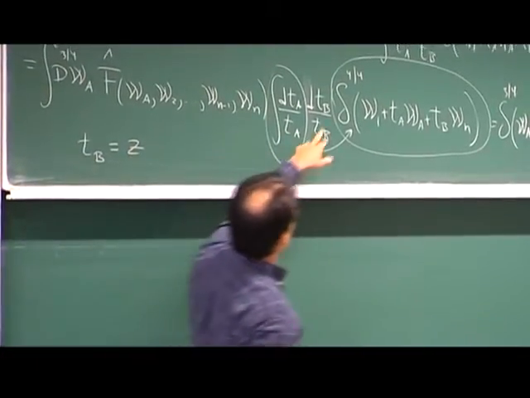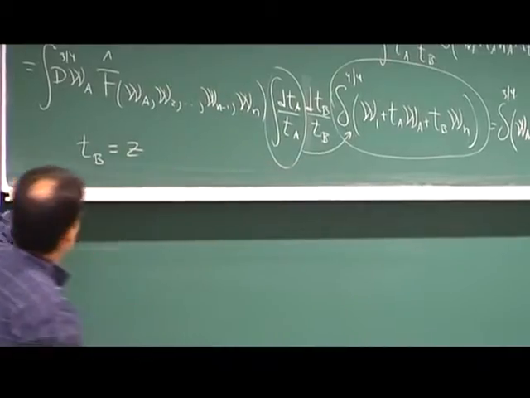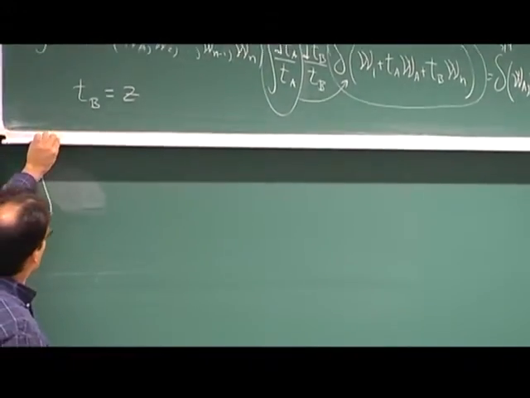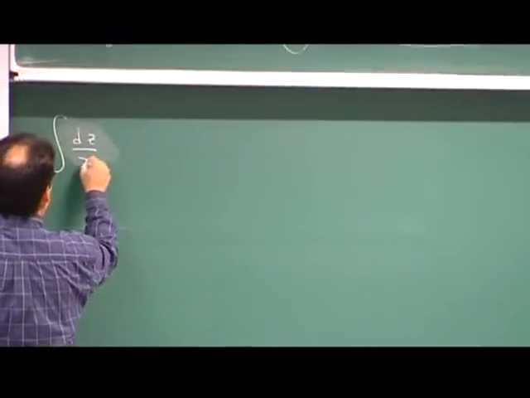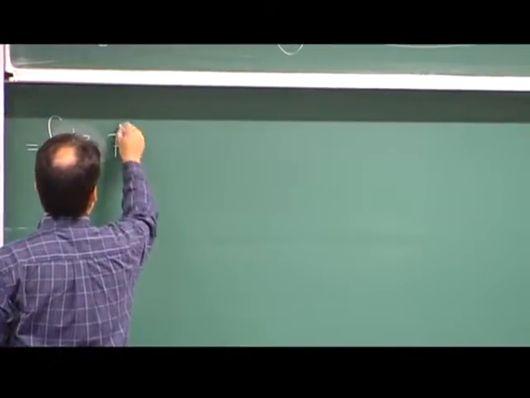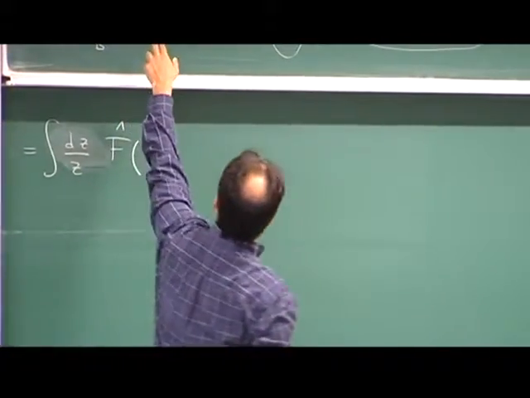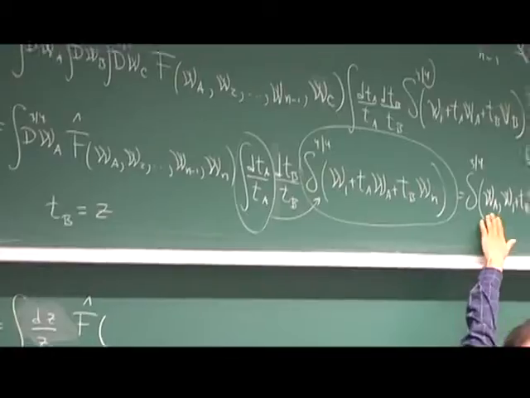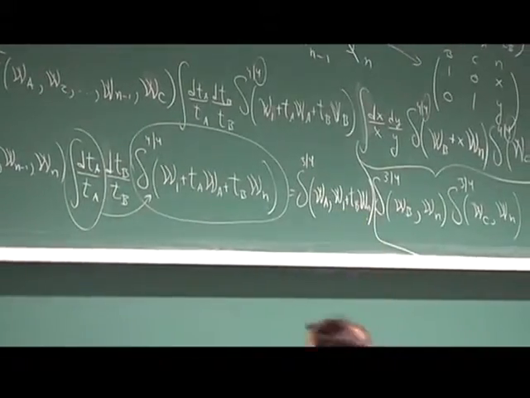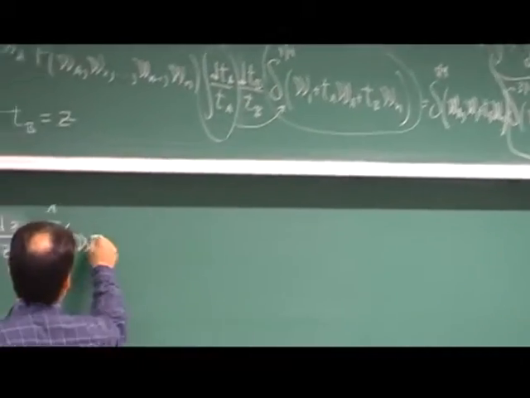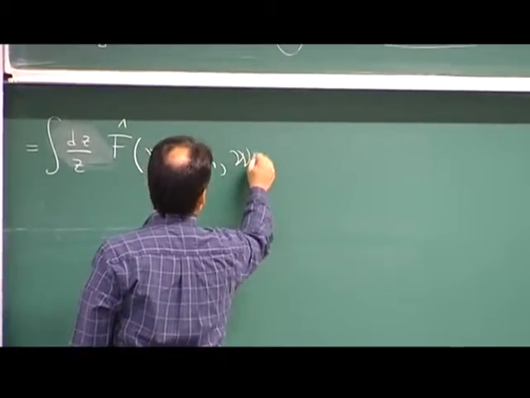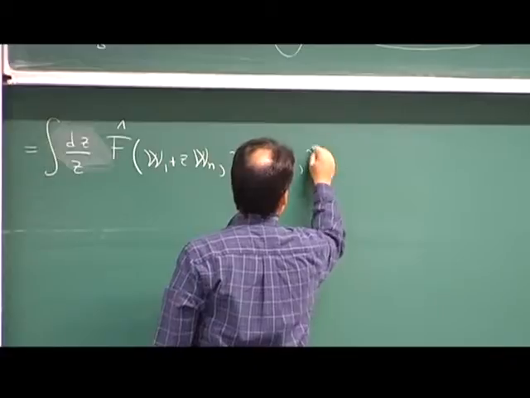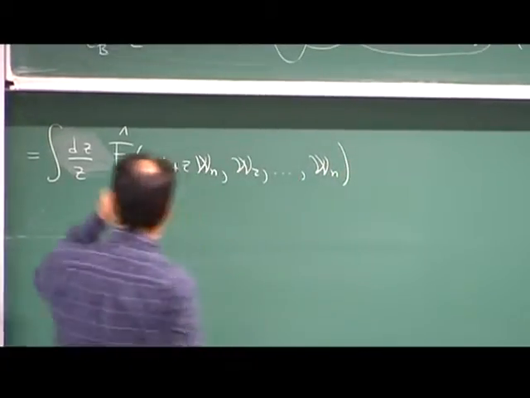The leftover variable, let me call it Z. So this integral becomes dz over z of f hat, where WA with this delta function becomes this combination, W1 plus Z Wn, W2 up to Wn.